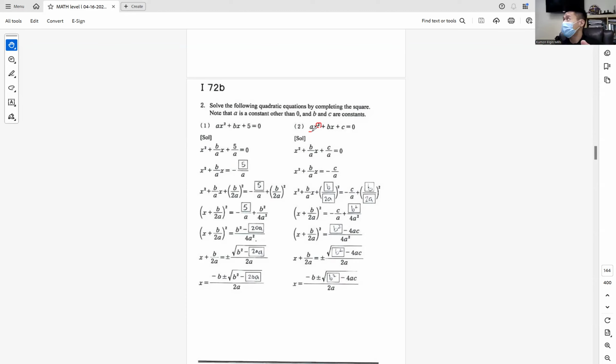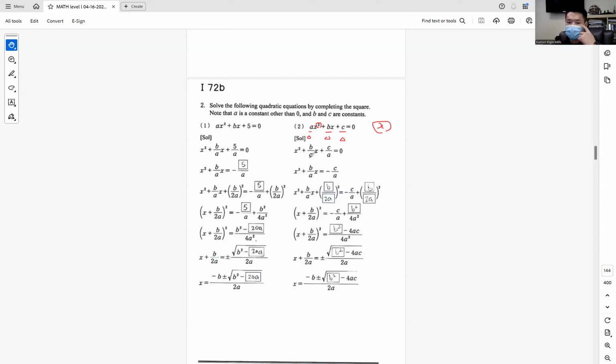You know what a coefficient is, right? The letter or number before the highest degree variable. In this case, what's our variable? It's x. And this is bx. This is c. So a, b, and c are my coefficients. Any question up until now?